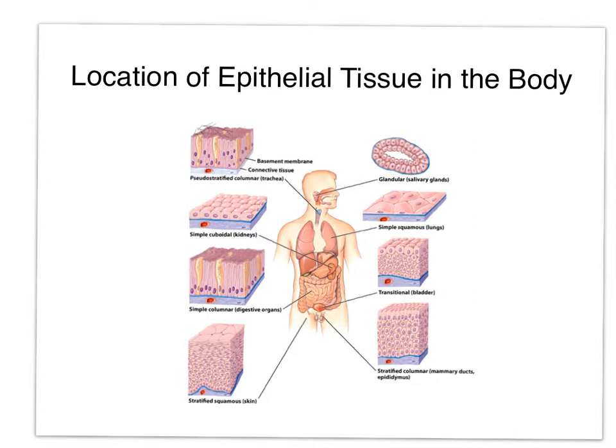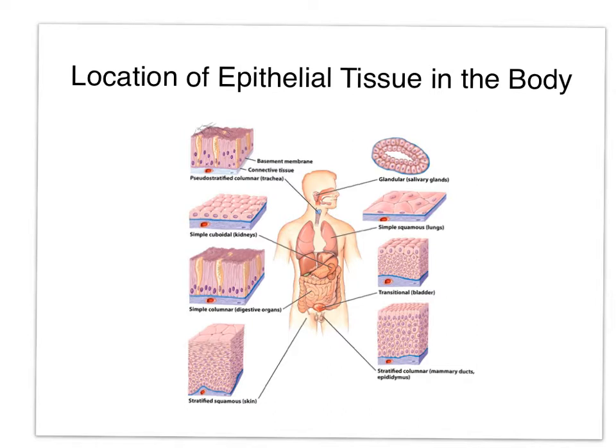So they'll basically change from being cuboidal to being squamous or somewhere in between, depending upon how much urine there is filling up your bladder. And that's something that's pretty specific to the bladder and helps the bladder maintain its functionality.